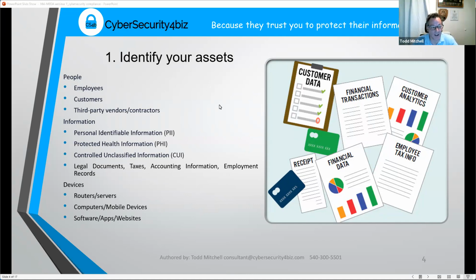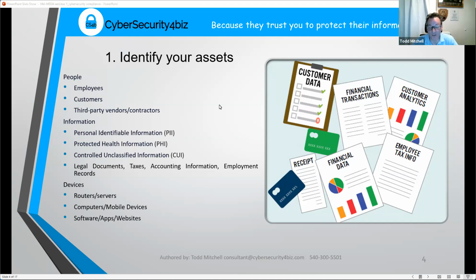You may have legal documents, taxes, accounting information, employee records. All these documents contain information that should be protected: people's social security numbers, people's bank account numbers, financial data, things like that. On the device side, you have routers, servers, computers, mobile devices, and then you have software itself.